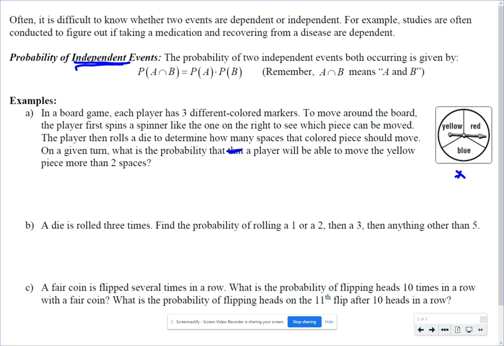So the spinner and the die are independent of each other. So we're going to use this multiplication idea.